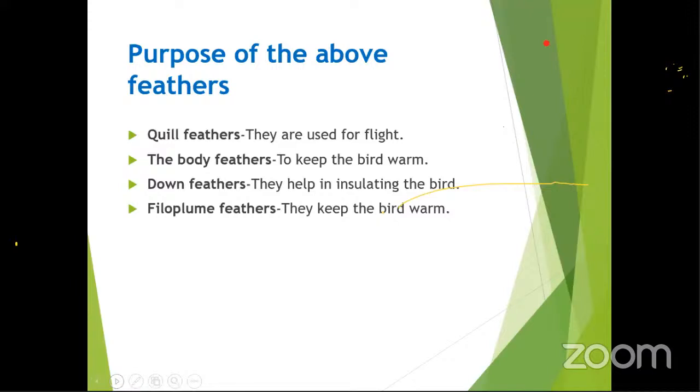And then also this one, the filoplume feathers, they will ask you to draw in your examination. They will say, draw the filoplume feather. This one is just hairy, very small, very hairy.